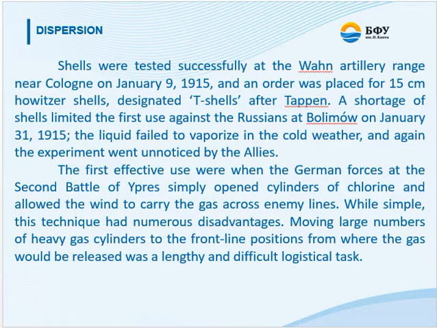While simple, this technique had numerous disadvantages. Moving large numbers of heavy gas cylinders to their front line positions, from where the gas would be released, was a lengthy and difficult logistic task.